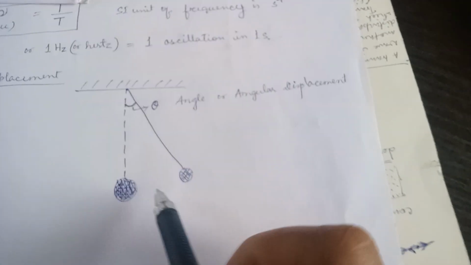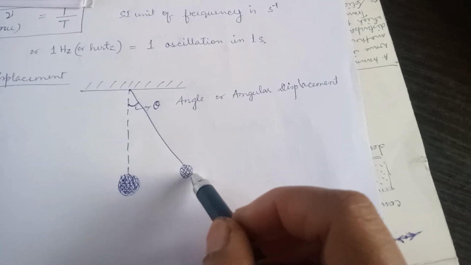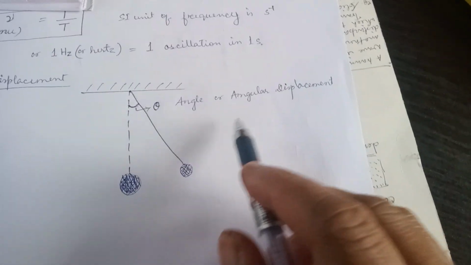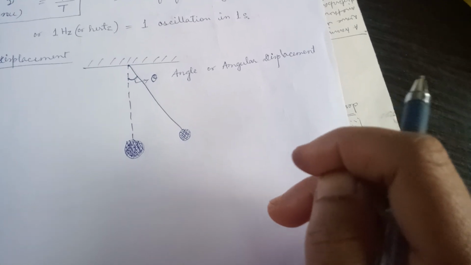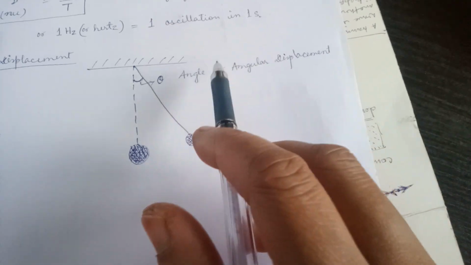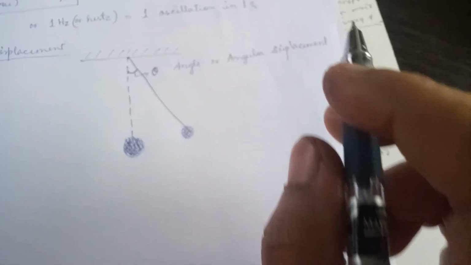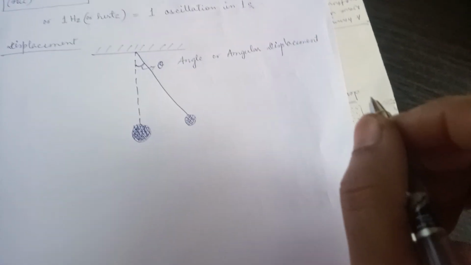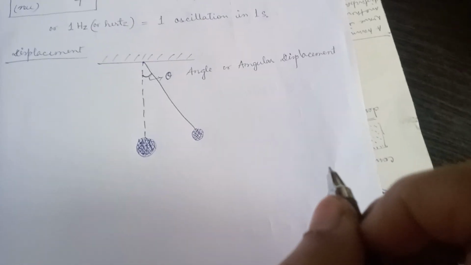So it is in mean position, and when force is applied on the body, a displacement takes place. Its motion can be defined in terms of angular displacement from the vertical. Displacement can take both positive as well as negative values.